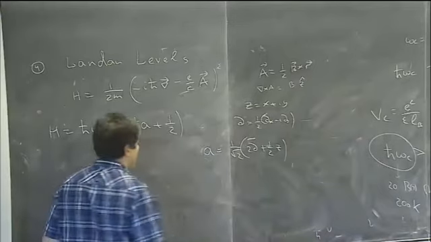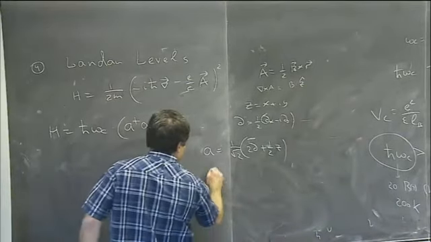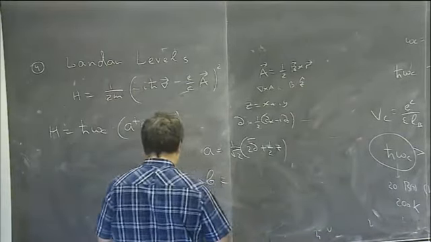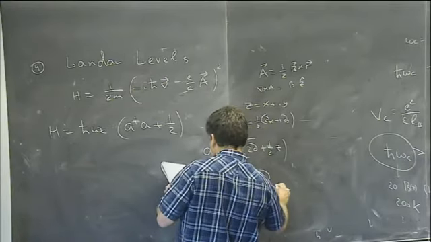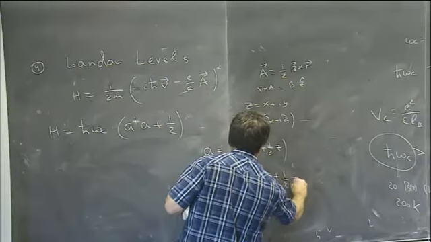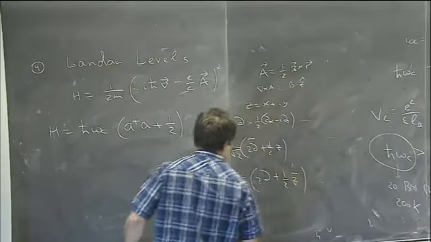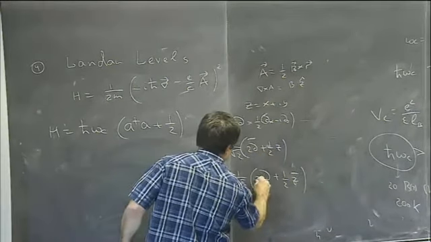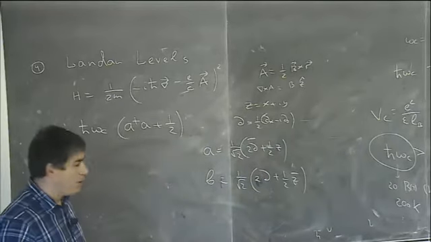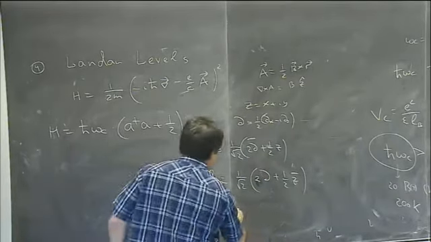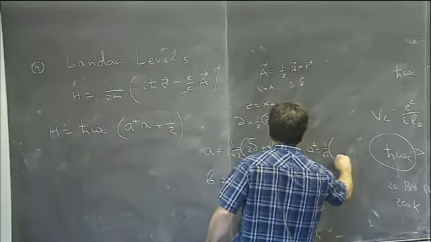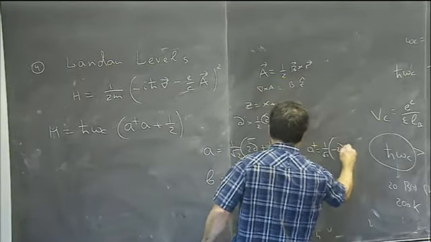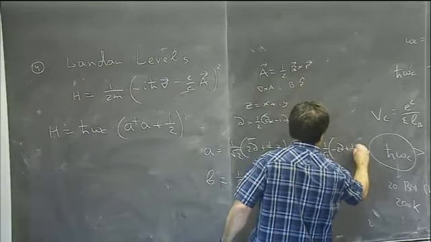You can also introduce the combination, operator B, which is 1 over square root of 2 (d plus 1/2 z bar).